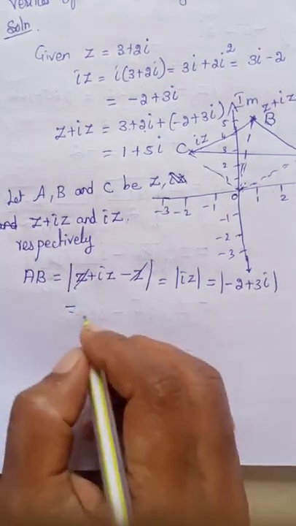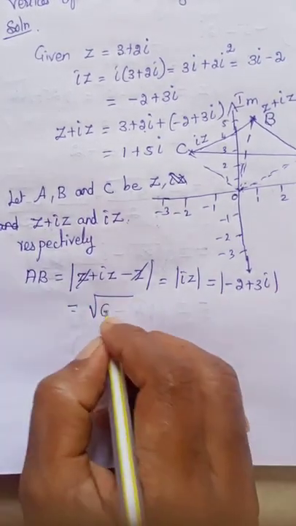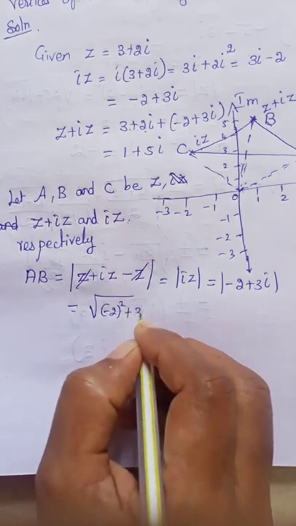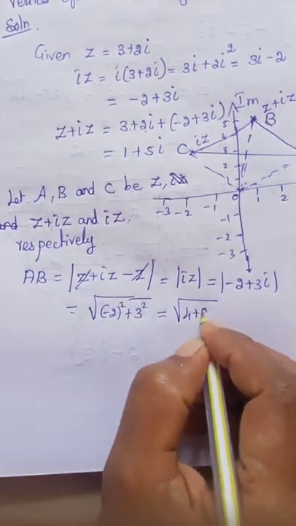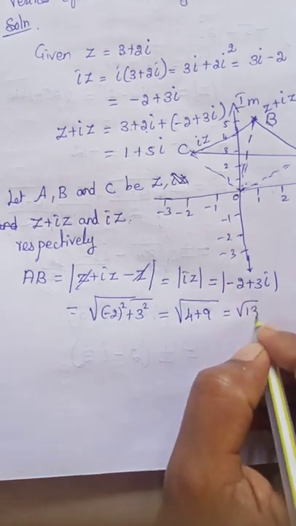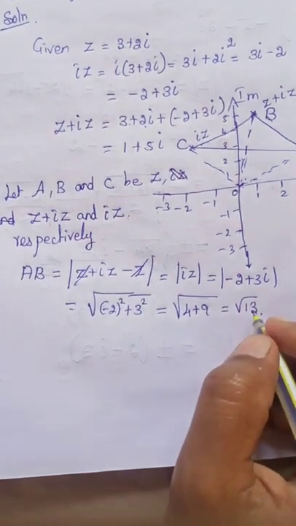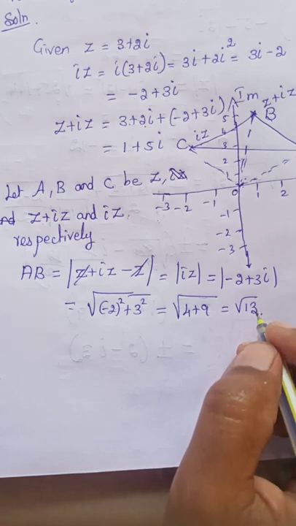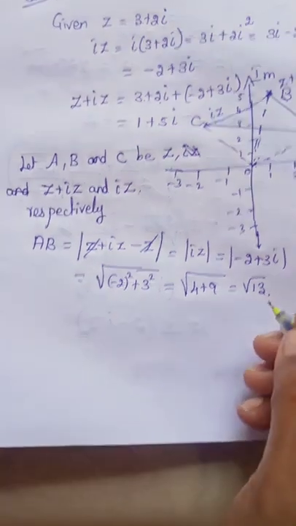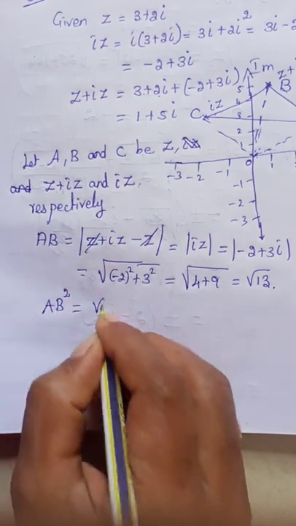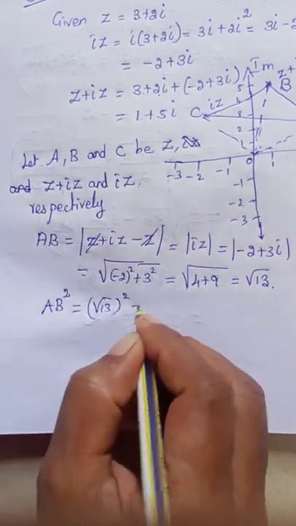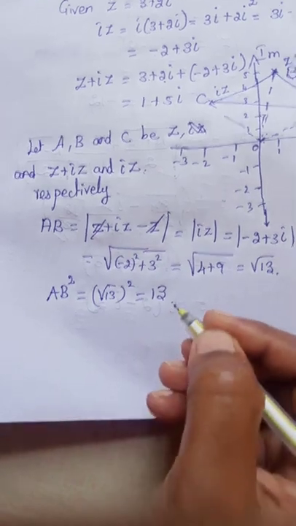The modulus is the square root of minus 2 whole square plus 3 square, that is root 4 plus 9, which is root 13. To prove the right angle, we need the squares of the sides, so I am finding the square also. AB square is root 13 whole square, which is 13.